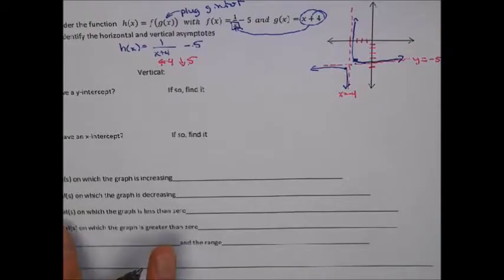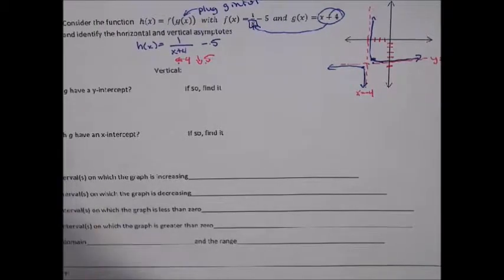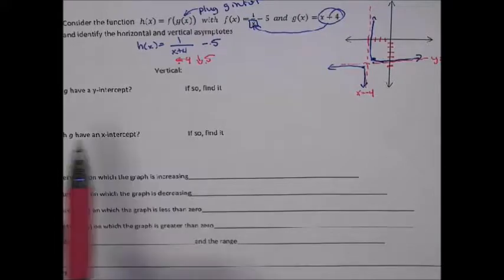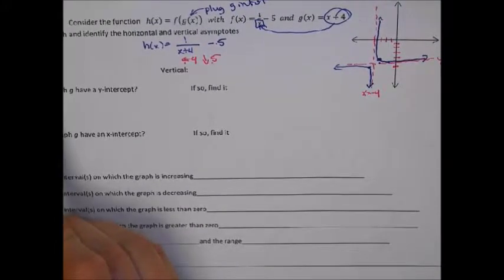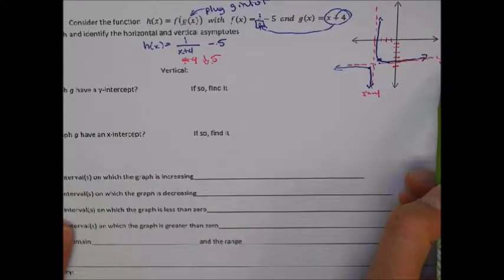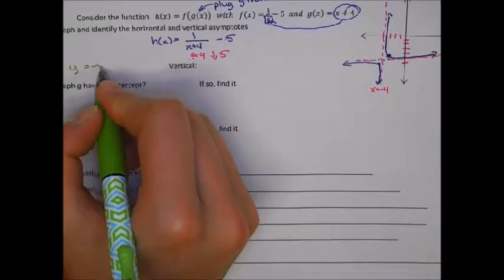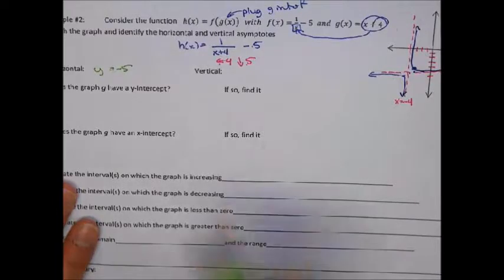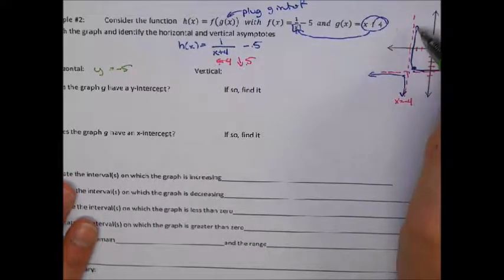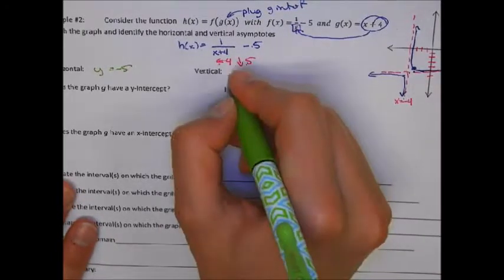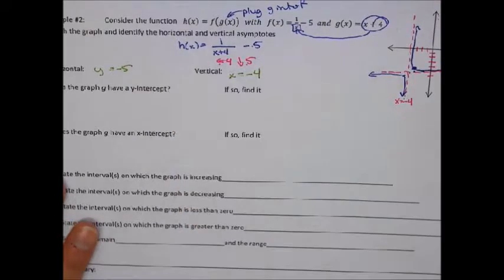So let's go ahead and answer these questions. Our horizontal asymptote, well, we already know that's y equals negative 5. Our vertical asymptote, that one's right here. We know that one's x equals negative 4.